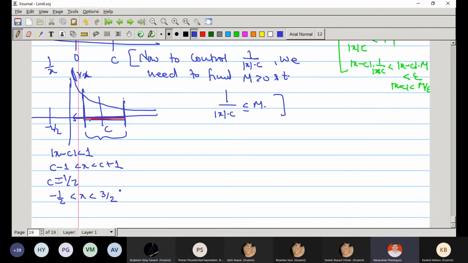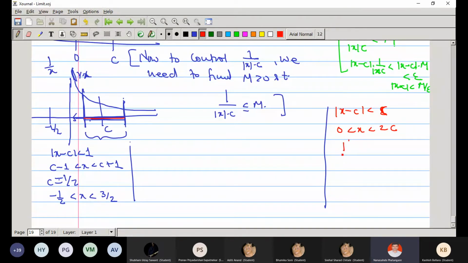What problem will it create? Let me write on this right side. Suppose the distance of x from c is less than c. That means 0 < x < 2c. Am I right?